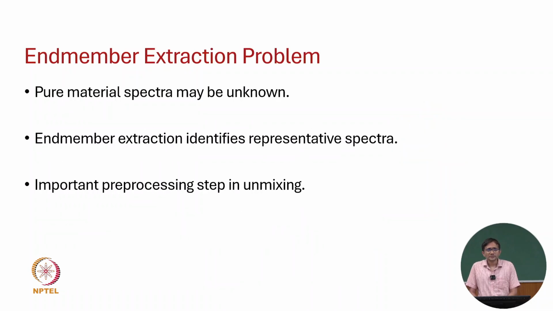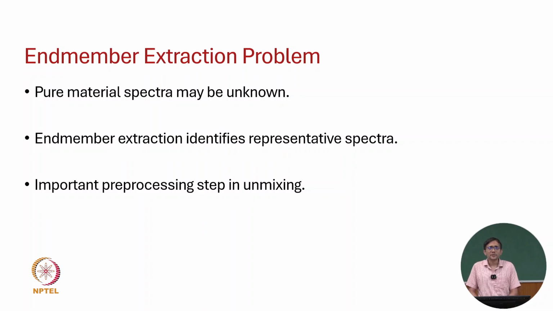Here, one aspect we need to consider is that the pure material spectra may not always be known. We can assume, of course, for simplicity, that this is known, but that is not always the case. In that case, we have to deal with this additional problem of end member extraction.